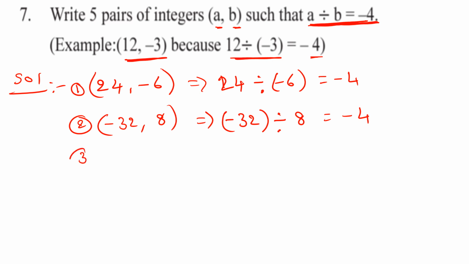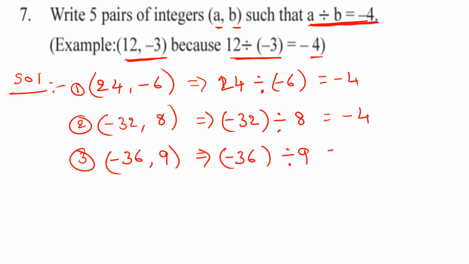Now the third one, minus 36 comma 9. All of these we should take as multiples of 4 only. So minus 36 divided by 9, and 9 fours are 36, so that is minus 4.